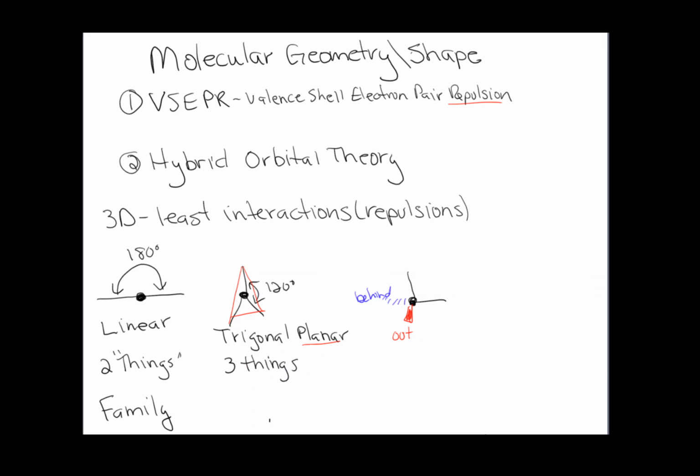Now these angles, in any direction, will all be 109.5 degrees. This family is called tetrahedral because it has 4 things around it. All right, so that's with 2 things, that's with 3 things, and that is with 4 things.